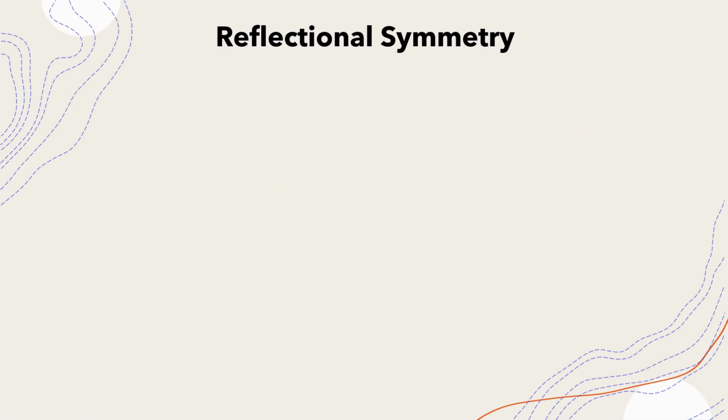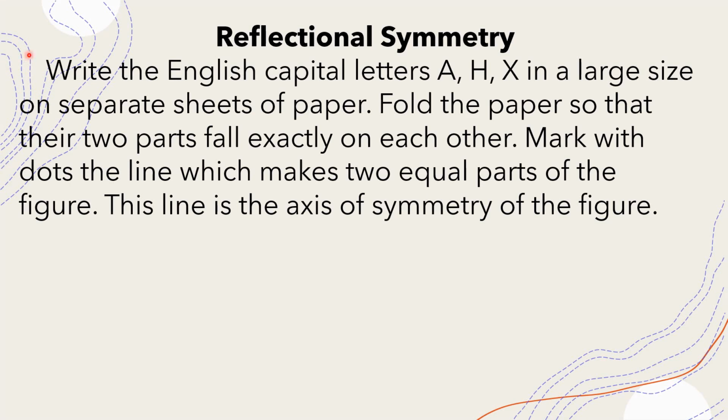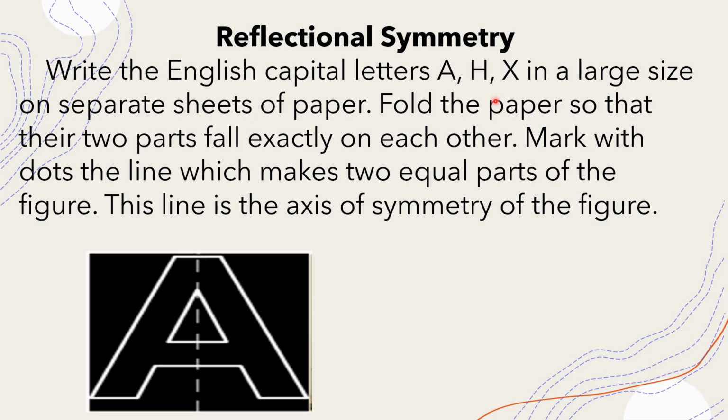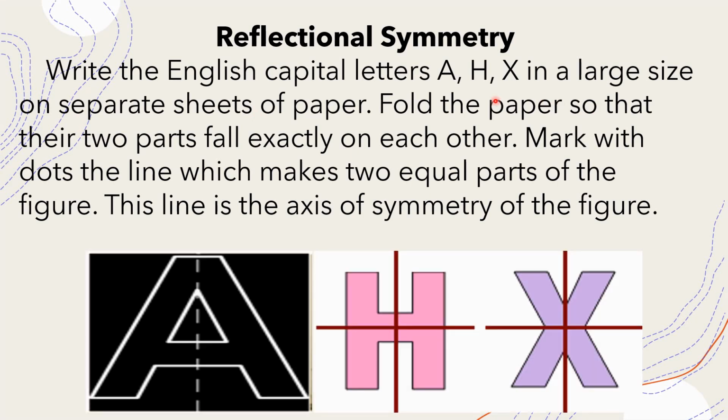Next is reflectional symmetry. To know more about reflectional symmetry, you have to do one small activity. Write the English capital letters A, H, X in a large size on separate sheets of paper.